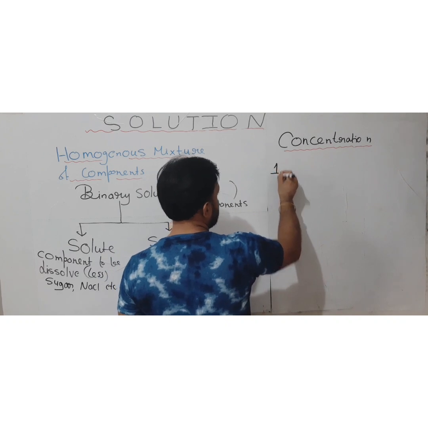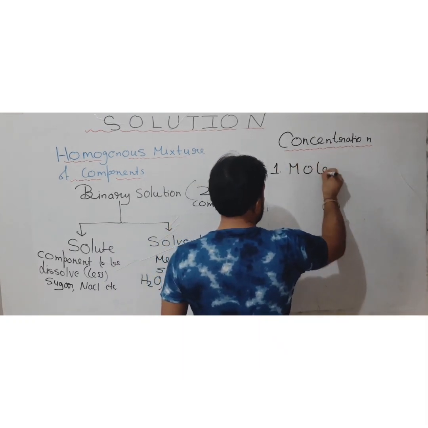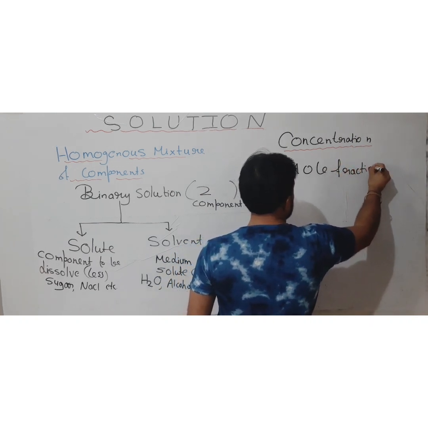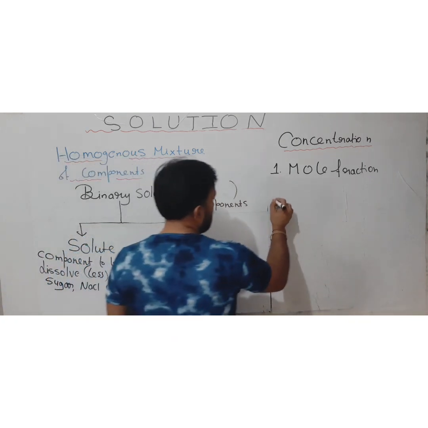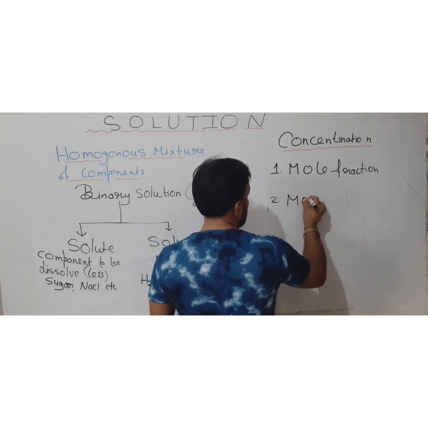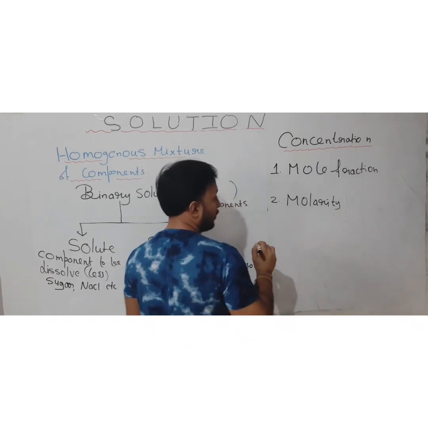The first and most important one is mole fraction. This is one of the terms which we can use to measure the concentration of the solution. Then the second one is going to be molarity. This is again an important term.